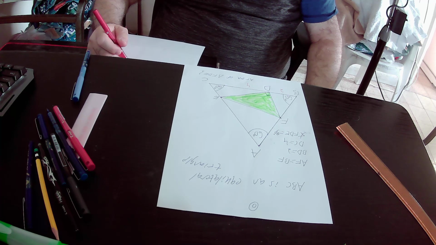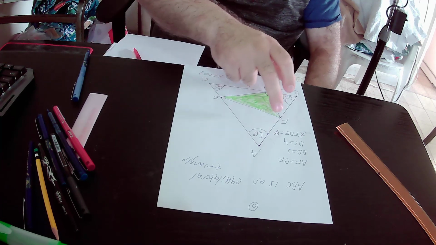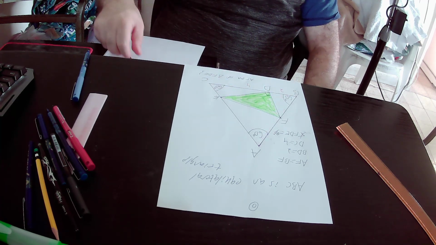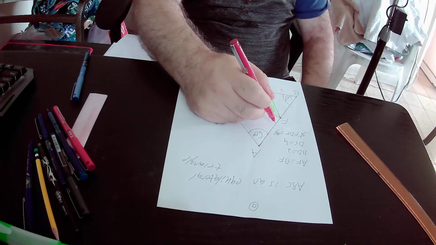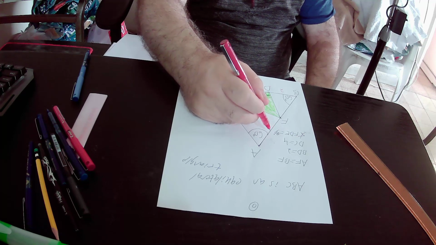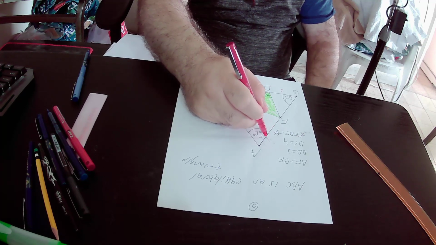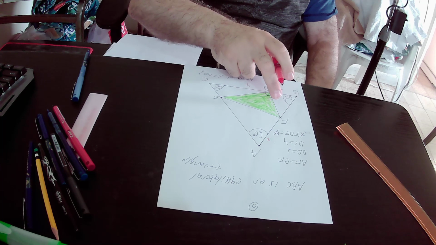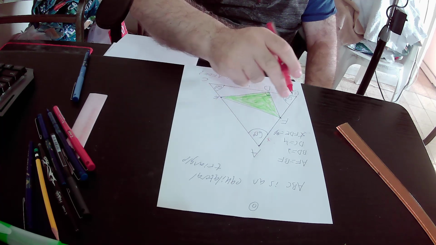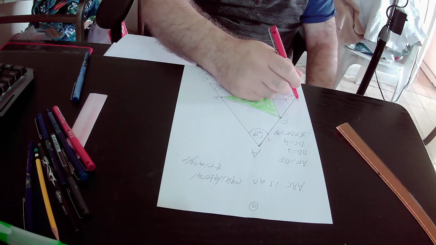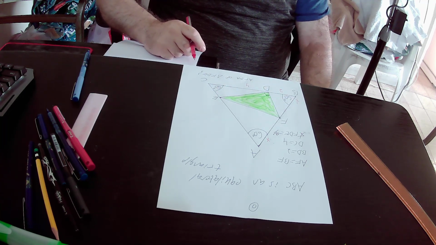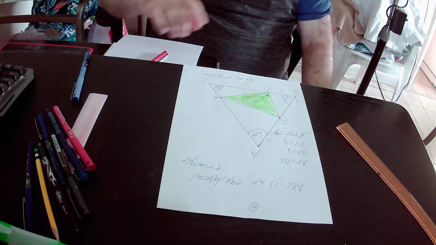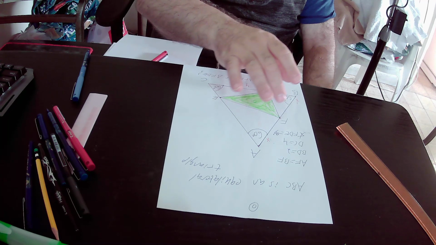Okay, and we also know that AF equals BF. So if we define AF as X, then BF that equals AF will also be defined as X, and the size of AB is AF plus BF.